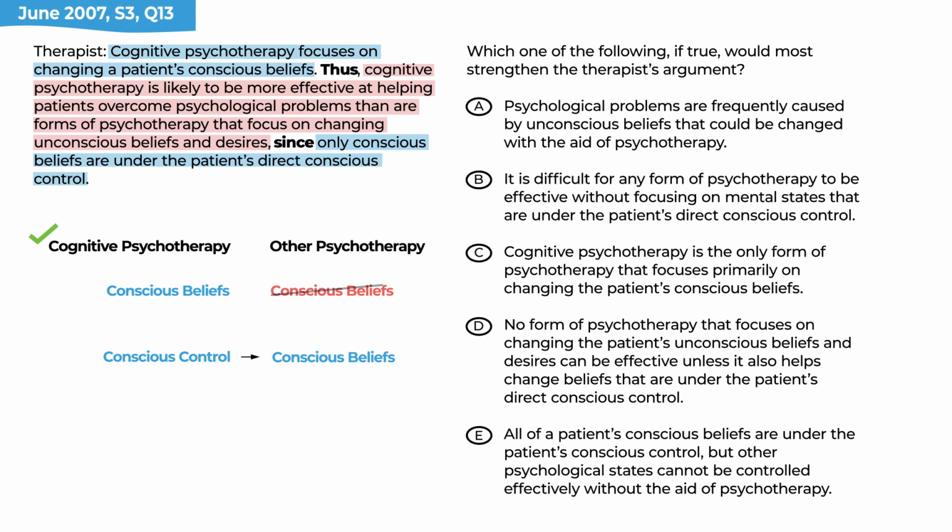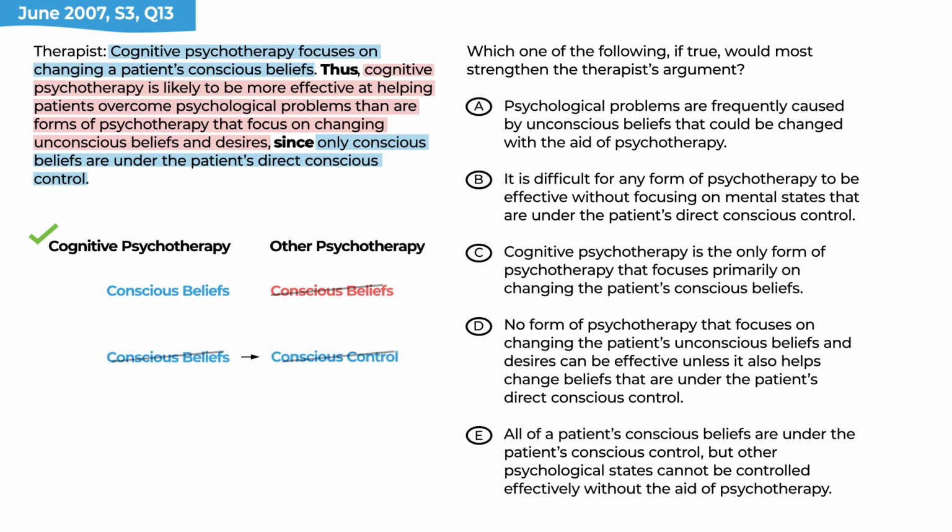If we try to connect that conditional relationship to the fact that cognitive psychotherapy is focused on conscious beliefs, we can't link them together because the common term, conscious beliefs, is in the necessary condition, the right side of the if-then arrow. Right? To try to connect them would mean that we're going to go backwards across that arrow, which is mistaking as sufficient for necessary condition, and we shouldn't do it.